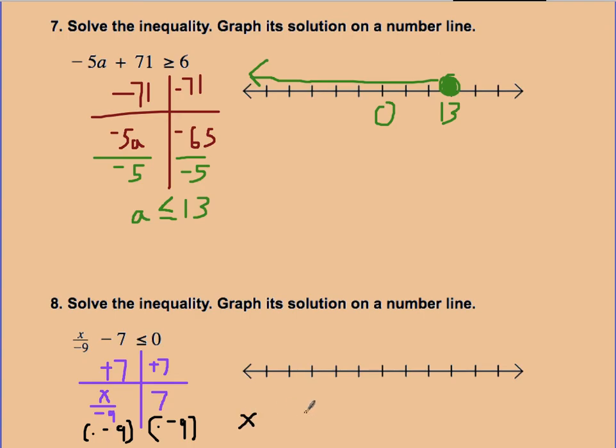So we get x and -63. And since we multiplied by a negative number, we actually have to flip that inequality sign from what it was originally. All right, so let's go ahead and plot that. Here's 0. -63 would be to the left of 0. Go ahead and make it greater than or equal to. So closed circle, and then draw our arrow to the right to show that it could also be greater than.